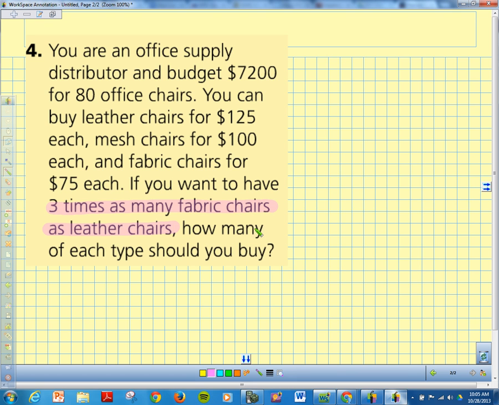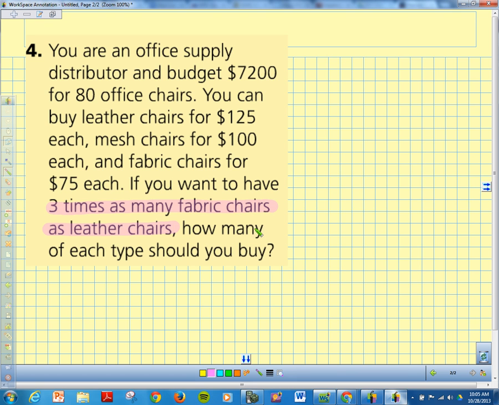Okay, so the very first type of chair I come across is what? Leather. So we're going to call X leather. I would really encourage you to use X, Y, and Z because you're used to seeing it, and if you start using like L for leather, it'll just unnecessarily confuse you.